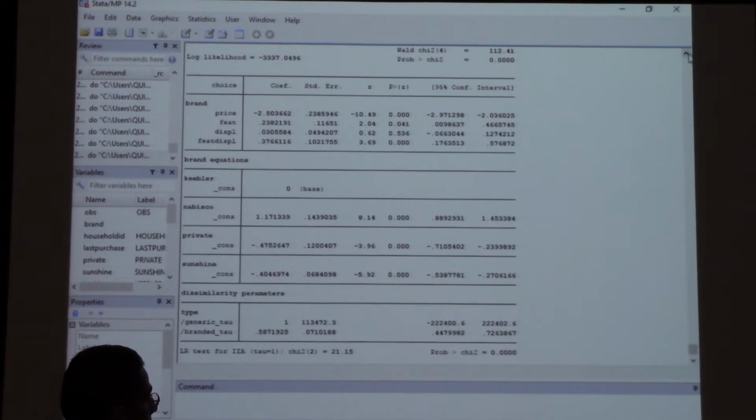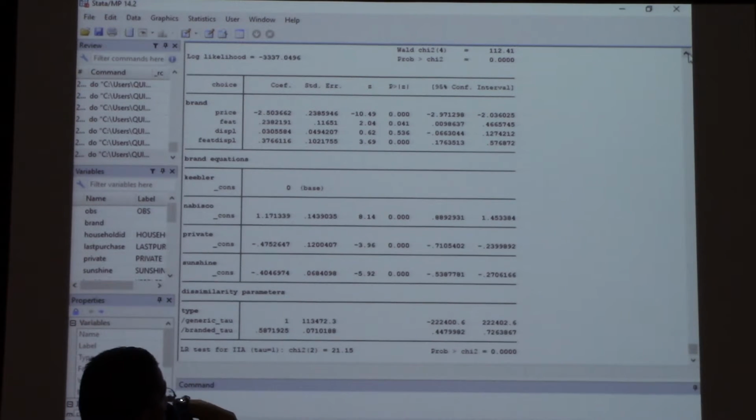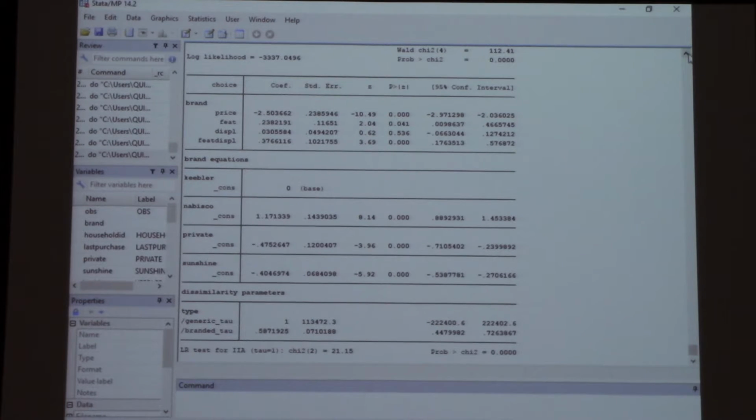We get a large chi-square, a small p, so we can reject the null hypothesis, which means that these are distinct categories. So if those two dissimilarity indices are equal to 1, then we're not violating the independence of irrelevant alternatives. Okay. Because they're not substitutes.